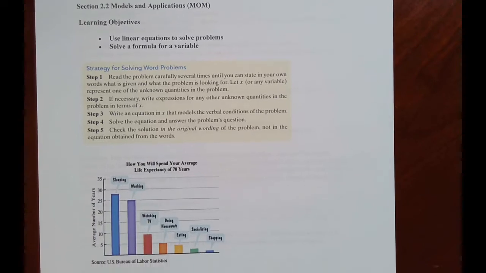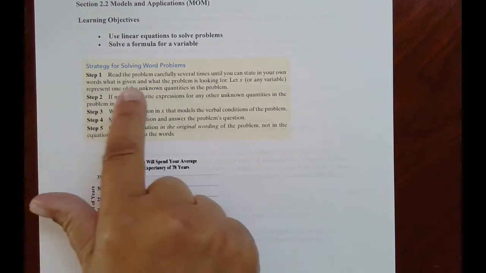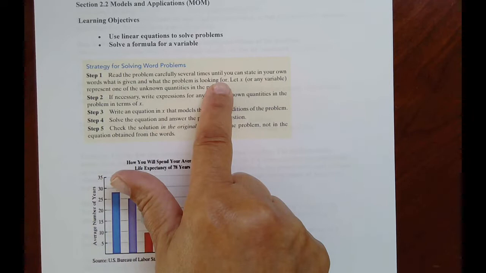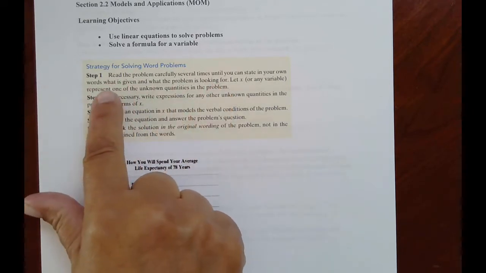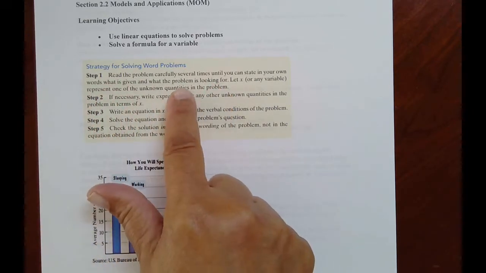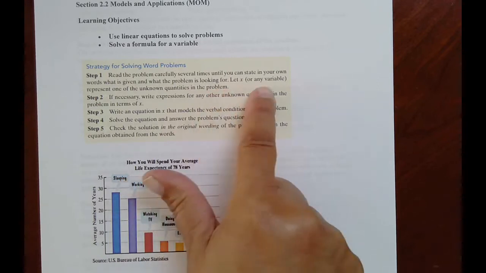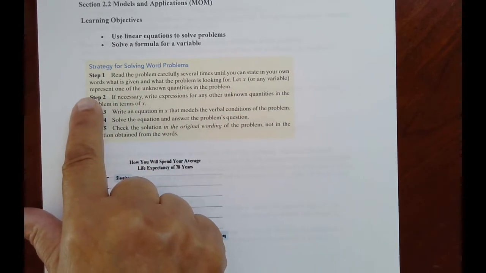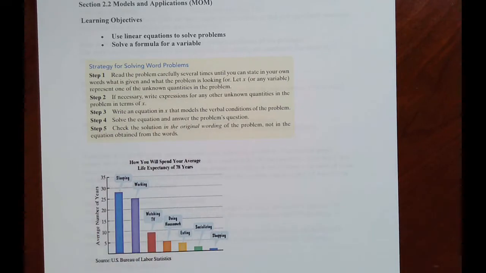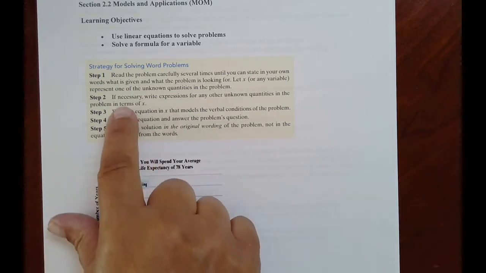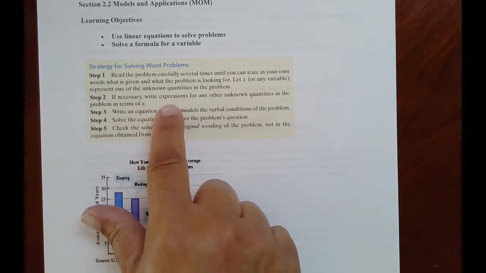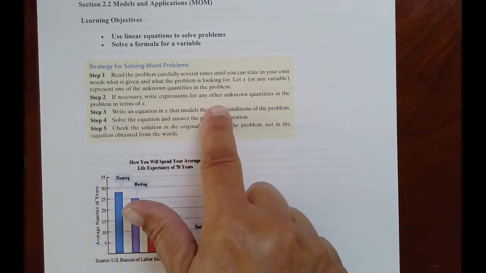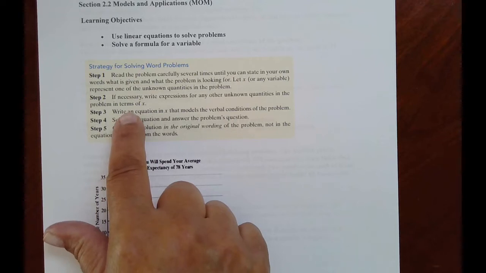So the 5 steps are mentioned here. Step 1, read the problem carefully several times until you can state in your own words what is given and what the problem is looking for. Let x or any variable represent one of the unknown quantities in the problem. In step 2, if necessary, write expressions for any other unknown quantities in the problem in terms of x.